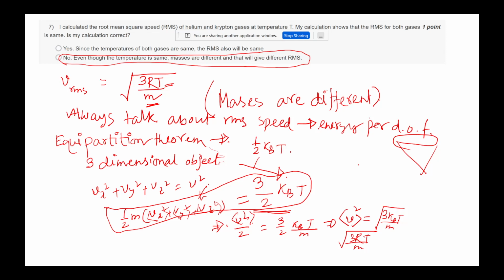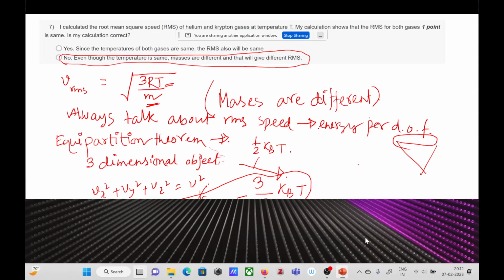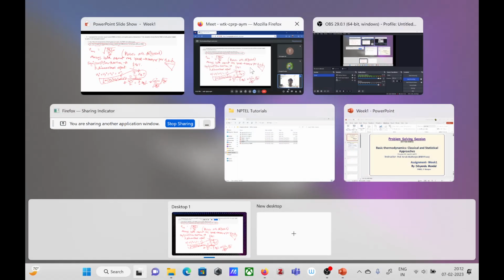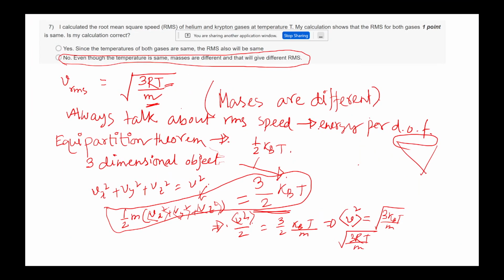That's a different angle, the equipartition theorem. If time permits, in later lessons there is enough scope for equipartition theorem discussions. Just a minute, let me save it.